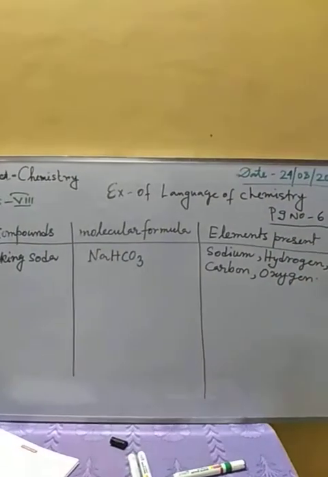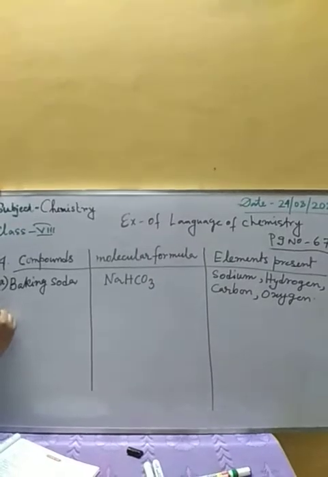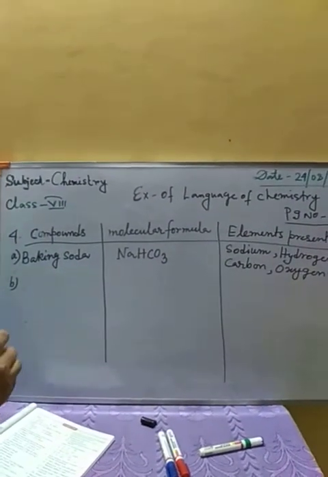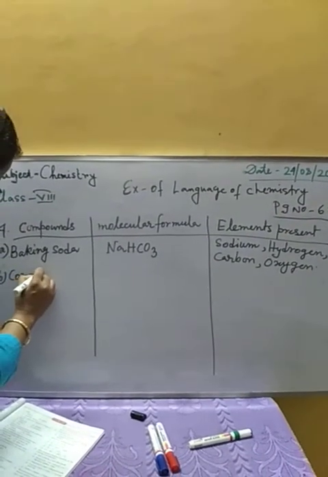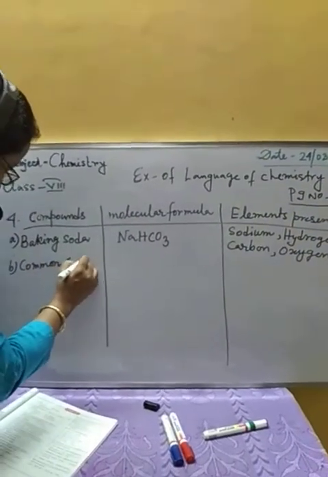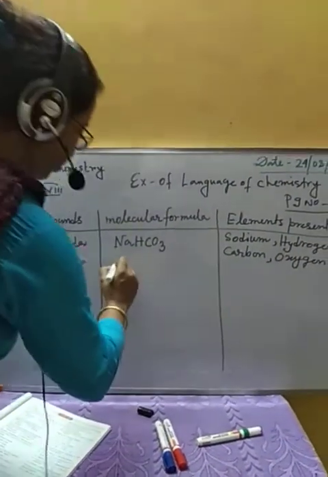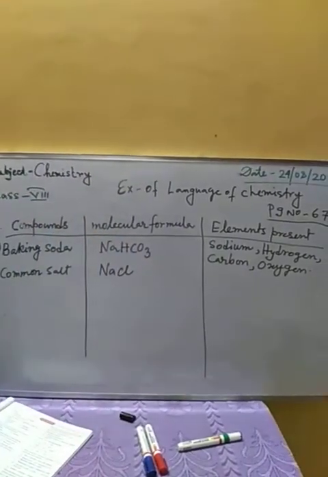Okay, these four. Number B, common salt. Common salt, its molecular formula is NaCl, sodium chloride.